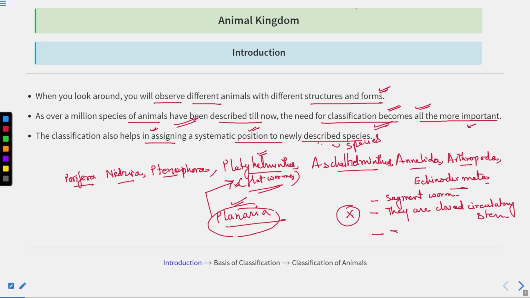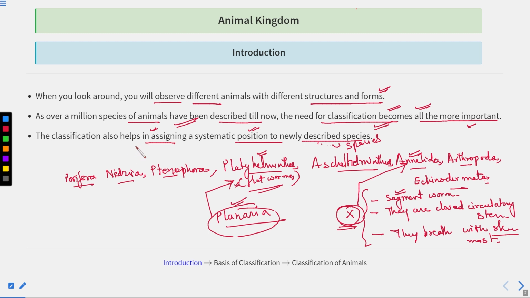You see that it breathes with skin, and the skin is moist. So you keep organism X in Annelida, because all these characteristics match the phylum Annelida.